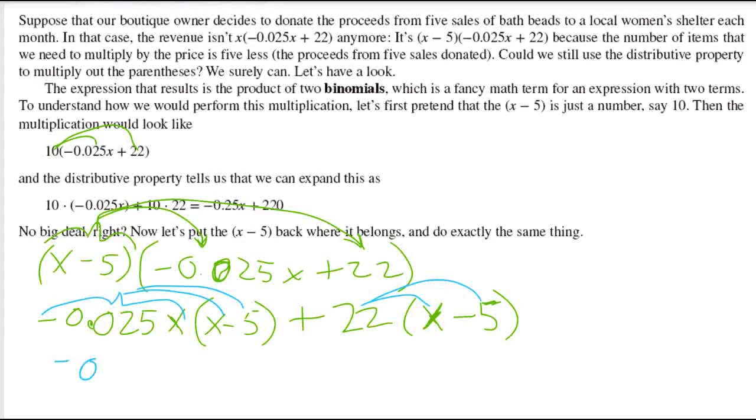So negative 0.025x squared minus, actually that's plus because now I have a negative 0.025x times negative 5. So if I'm subtracting a negative, I end up adding. 5 times 0.025 is 0.125x.